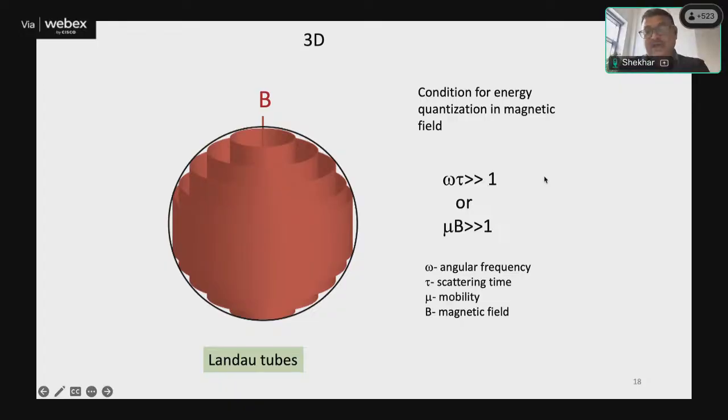Observing a quantum oscillation depends upon the strength of the magnetic field and the scattering time of the electron, and both are related to each other. So we have a condition for which material we can observe this quantum oscillation. Here is the angular frequency of the electron, and this is the scattering time.